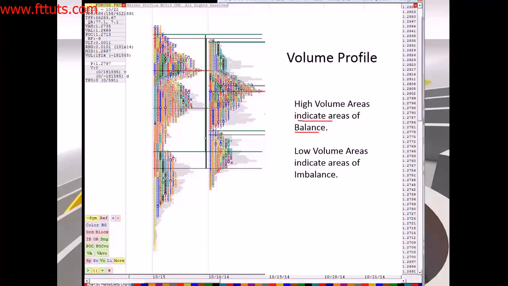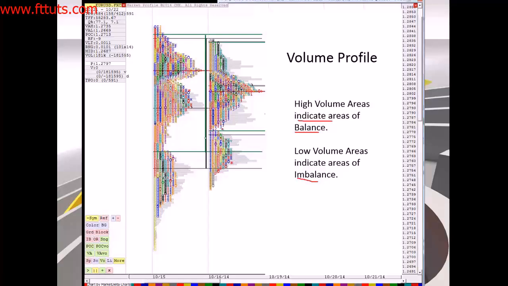On the other hand, we have some areas that are low volume, and these create imbalance, meaning that in this zone, when the market sailed through here, it went through very, very quickly with very little volume, because one side was far more dominant than the other, and that created an imbalance. So here we had a lot more sellers than we did buyers, and prices dropped precipitously very quickly lower, and didn't give us much of a chance to spend much time here.